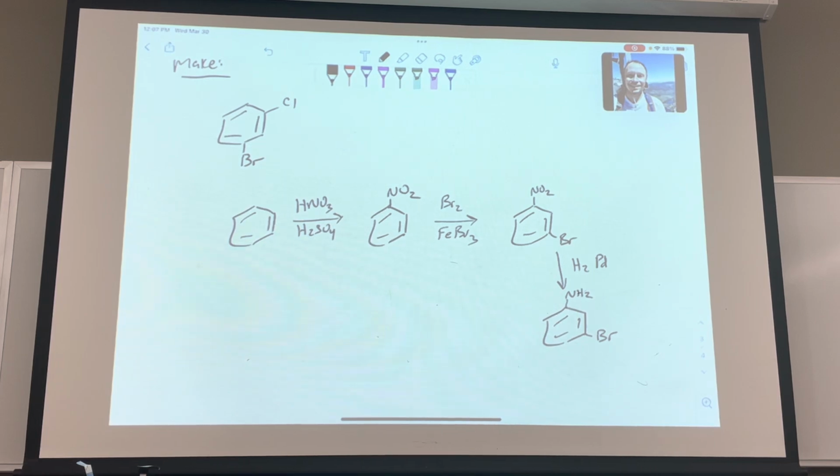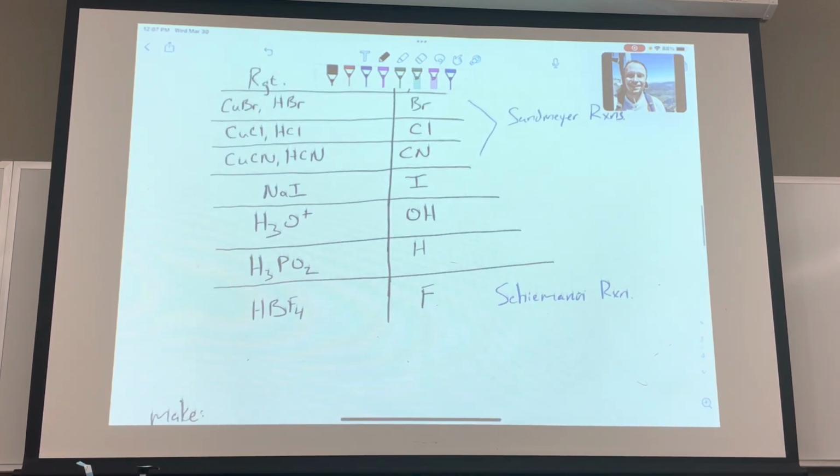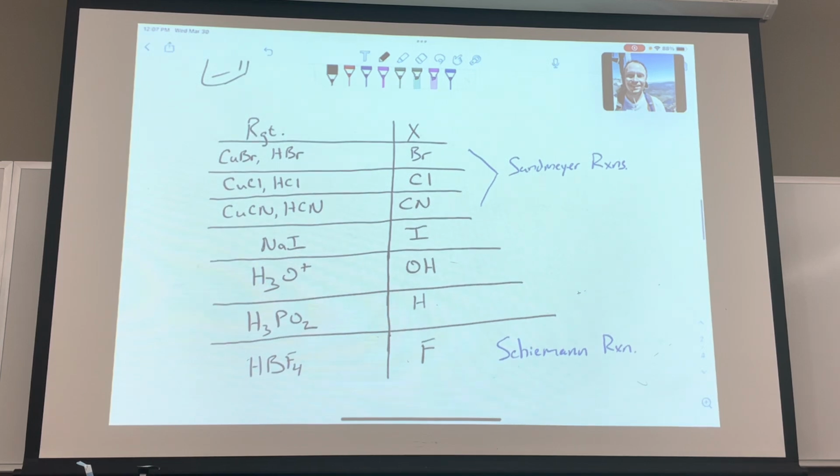So now all I would have to do is use those conditions that we talked about a minute ago. If you want to use diazonium chemistry to put a chlorine on the ring, all you need to do is make the diazonium and then treat it with copper chloride and HCl.